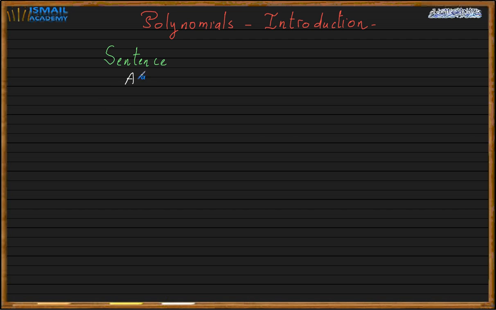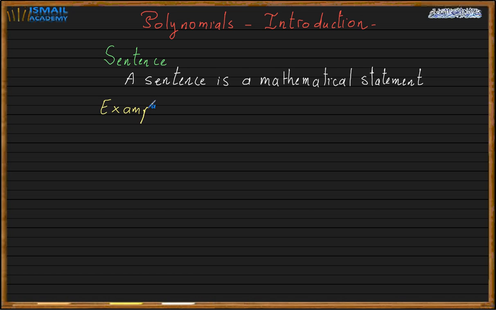A sentence is a mathematical statement, like an equation or a proposition. Those are sentences.